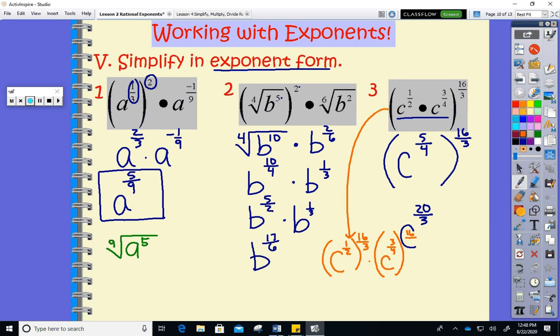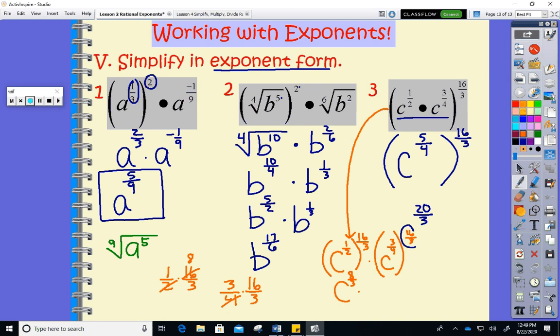This isn't pretty, I'm writing over the top of my old problem. So now on the first part, I have to multiply 1/2 times 16/3, which gives me 8/3. So that would be c to the 8/3. In the second part, I need to multiply 3/4 by 16/3.